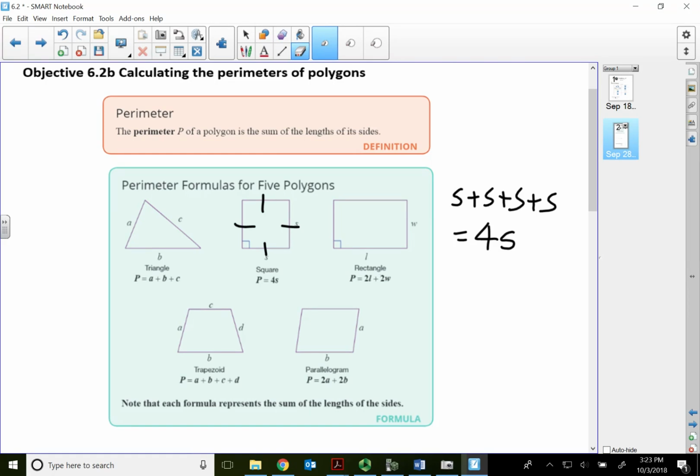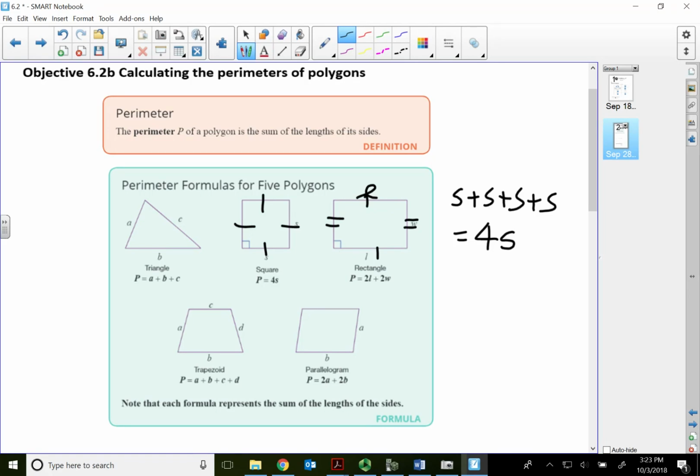For rectangles, when I add all 4 sides, there is another length up here. So length plus length gives me 2L, and width plus width gives me 2W. The key characteristic of a rectangle is that opposite sides are parallel and congruent, so the length and length are the same, and the width and width are the same.